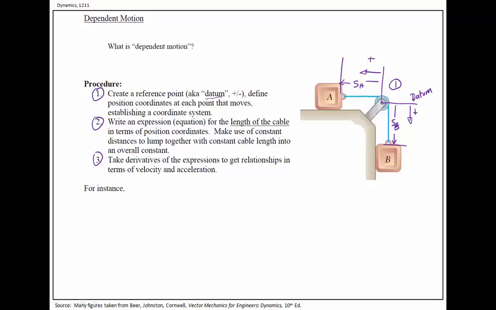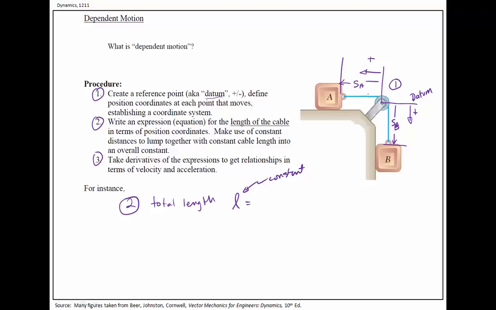Okay, so in step 2 we want to write an expression for the length of the cable in terms of these position coordinates, right? So here is position 2 right here. And so we go for the total length of this cable. We're going to say that's going to be L for right now. We know that the length of the cable is not going to stretch, so just be aware that that's a constant, okay?